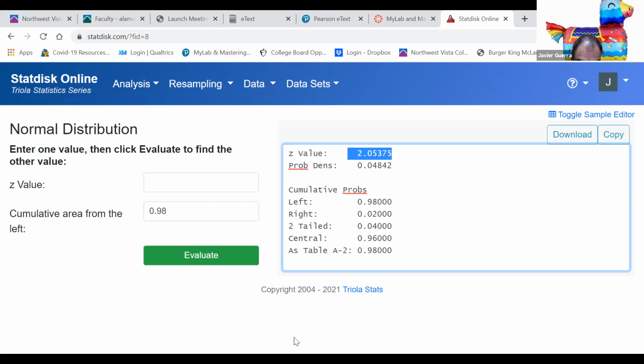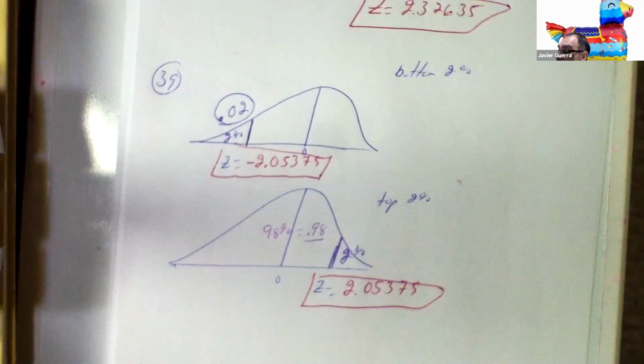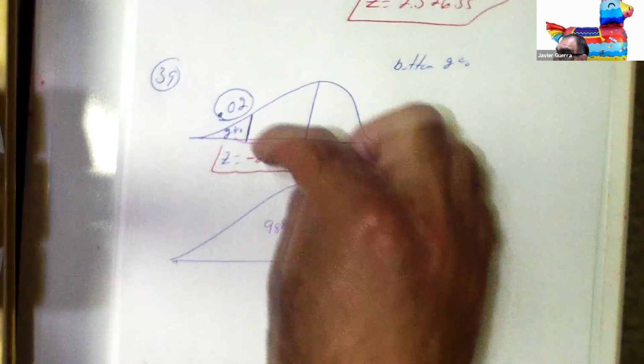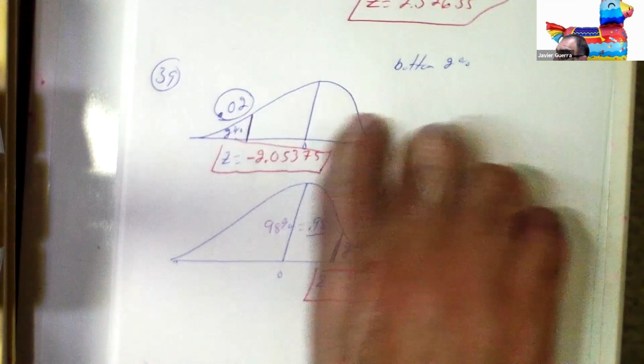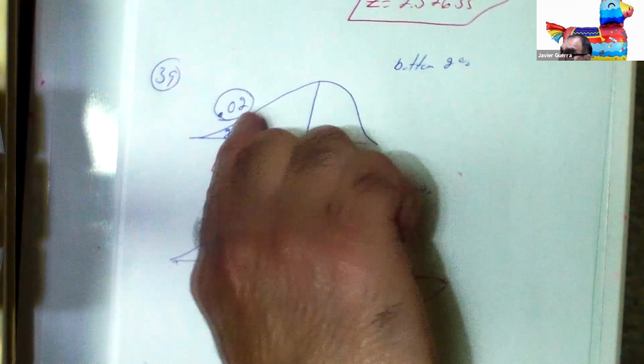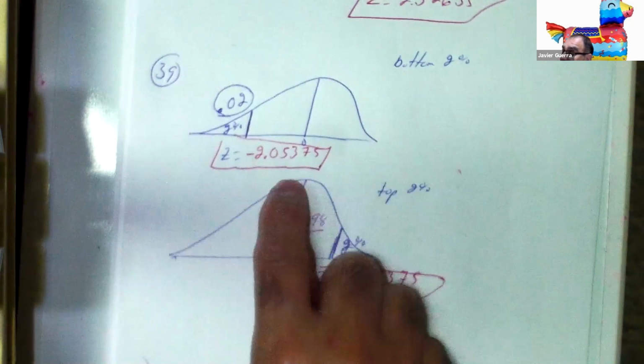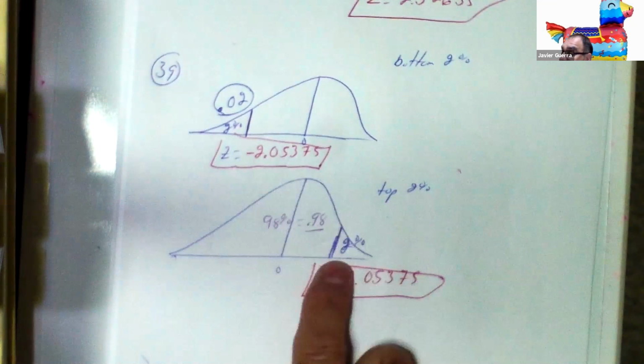That's how it works. Questions or concerns? So if the two numbers are identical percentages, you can go ahead and change the signs. But other than that, you will have to find the left area in order to find that z-score.